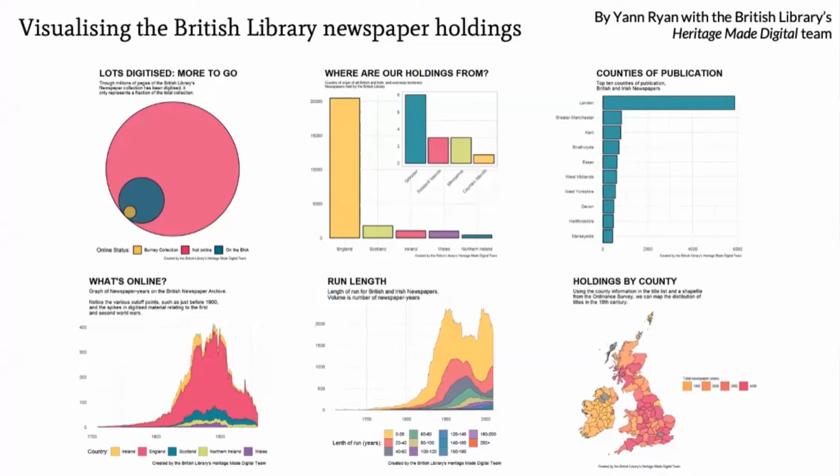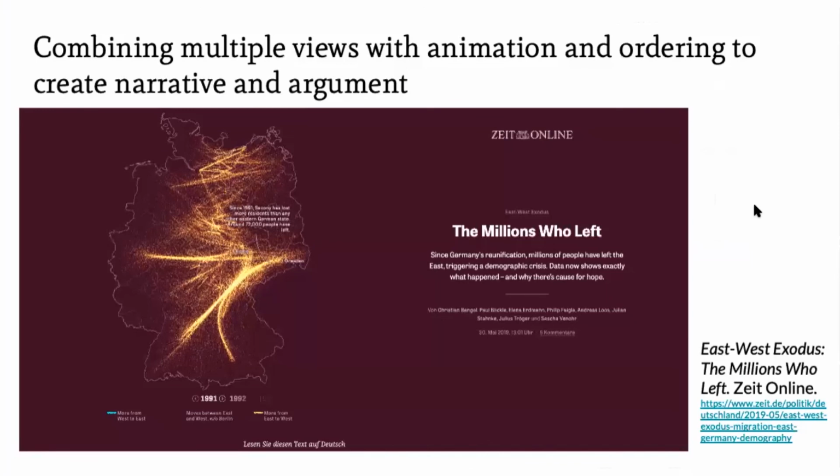So there are all of these different perspectives that you can get on one data set, and sometimes you need a whole collection of visuals to get a sense of what's going on. And it's really journalists who are absolute masters of this, of creating a series of visuals, combining multiple views and using animation and ordering to really create a narrative and an argument about data.